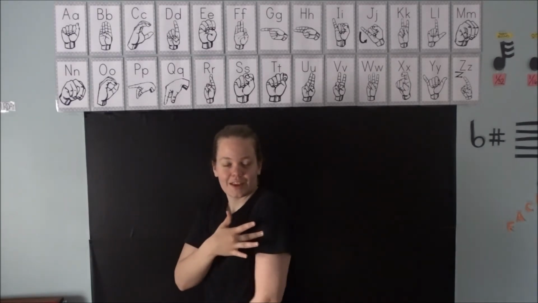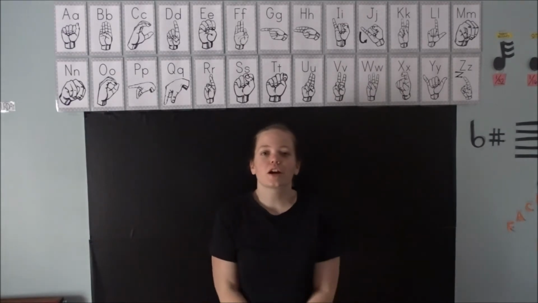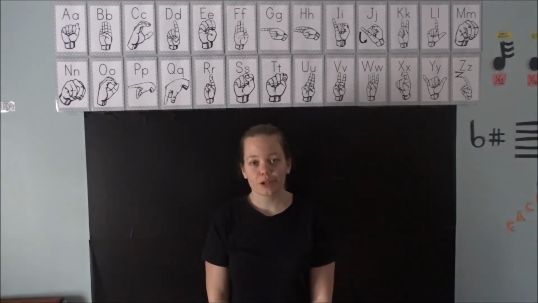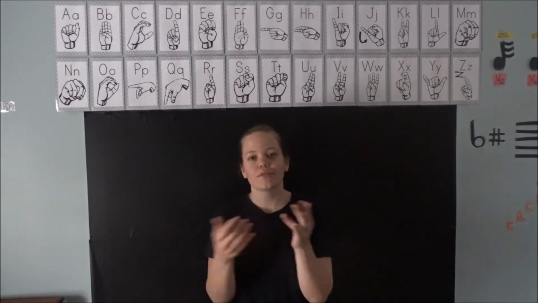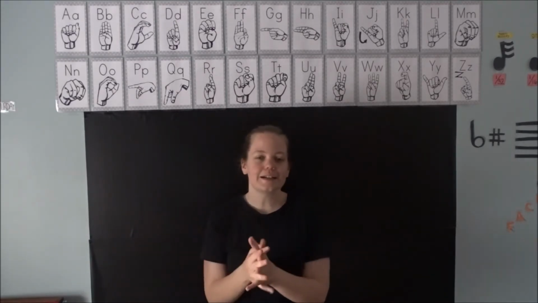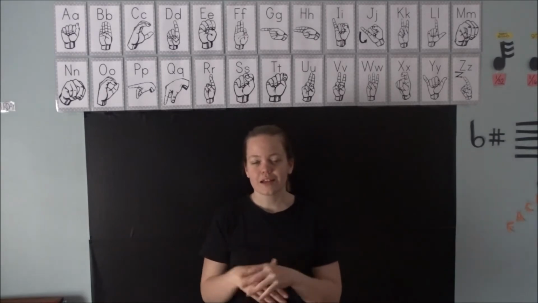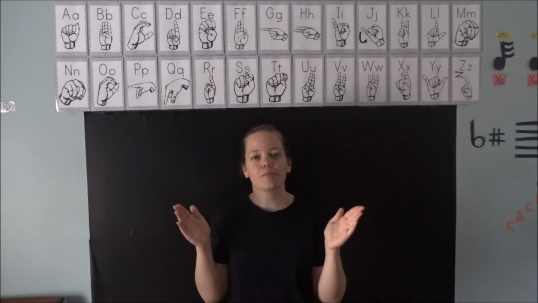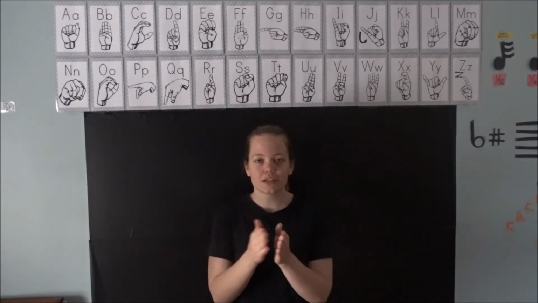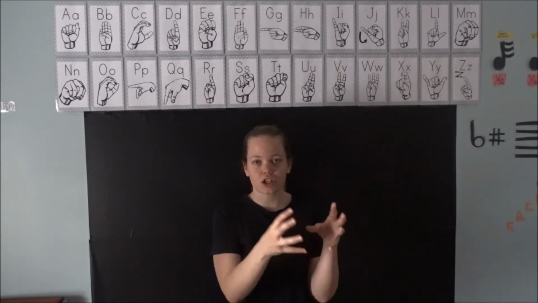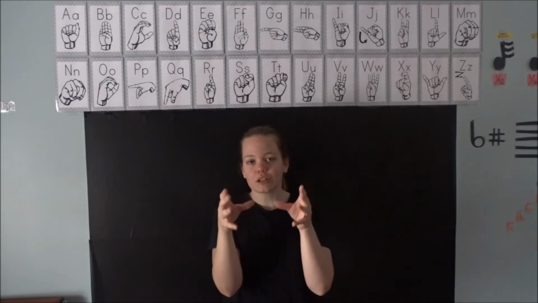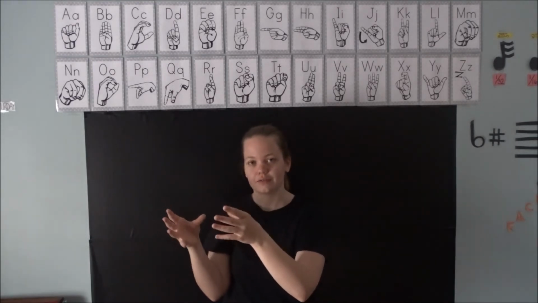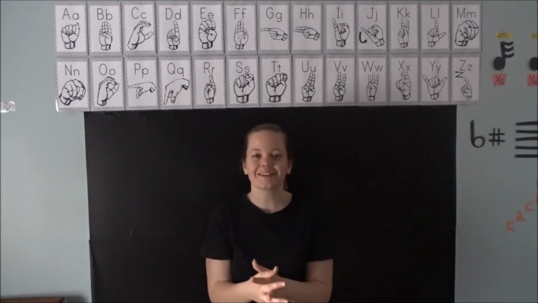Province. Alright, so I thought that we would start with the province Prince Edward Island. That is the province that I was born in, so I figured it'd be fun to start on that side. Prince Edward Island is a really long name, but for the sign we just sign the beginning letters of each word. Prince, P, Edward, E, and Island, I. Or, as a lot of people say it, P-E-I.